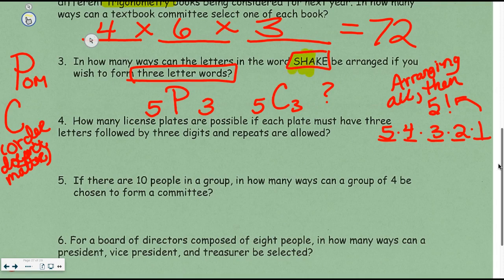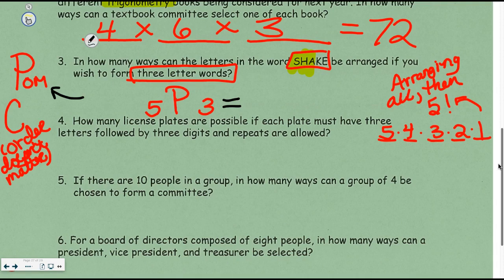So if this is our 3 letters, what I'm asking you is, does it matter if you went H, A, S? Is that a different word than if you did A, S, H? They are different. The order mattered. So I'm going to choose a permutation, and that's where you'll go to your decimals. You've been using your calculator all chapters, so if you need to review that, that's in a previous video. I'm not going to bring my calculator up.